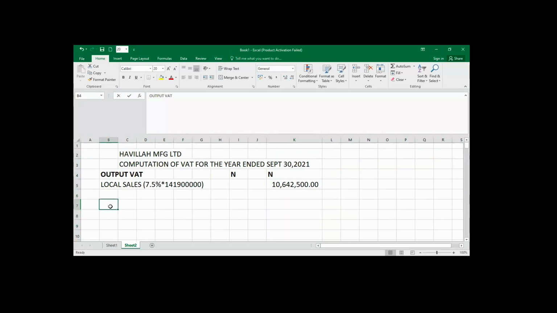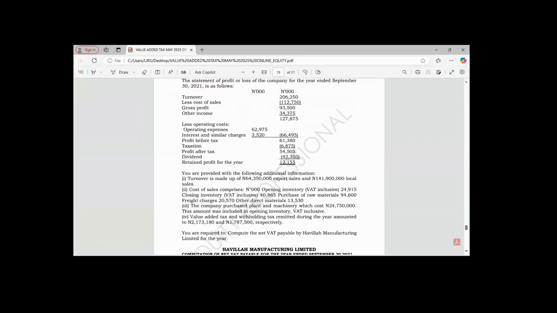So after the output VAT, the next thing we have is we now less our input VAT. Our input VAT is VAT as a result of purchases. But in this question, we are given inventory. We are given the value of inventory. And I told you, when you have inventory, you have to adjust your purchases and direct cost figure against your inventory.